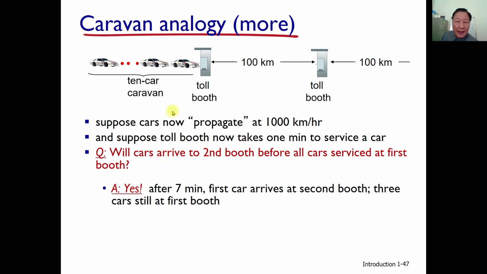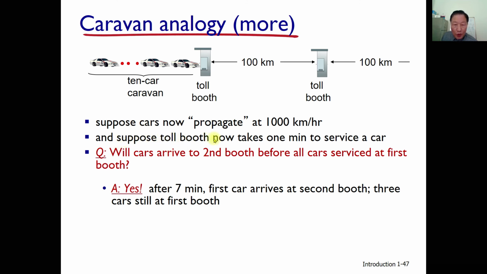If we consider another example with a different speed and different lengths, let's assume the car can propagate at almost airplane speed, anyhow we are assuming 1,000 km per hour.